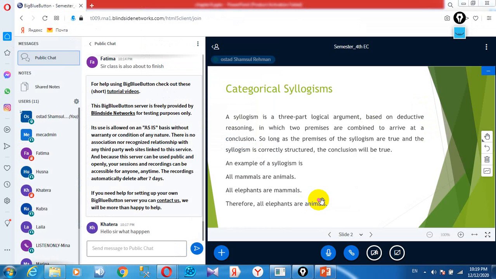Okay, we have understood categorical syllogisms. Categorical syllogism, I think you got this. Is there any question?